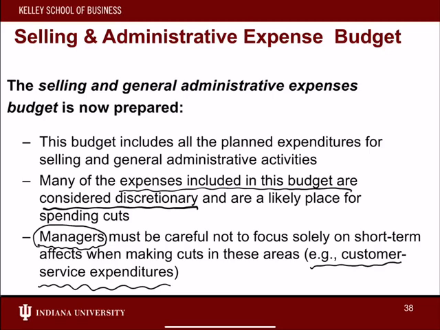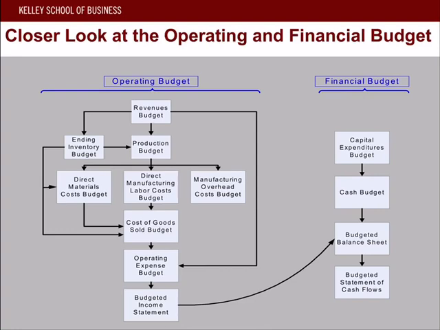So you usually start with last year's and you make adjustments. Remember that this is where a lot of the discretion lies. But you really want to make sure that if managers are making cuts or changes to this area of the budget, they're not doing it with a short-term focus. We want them to be really focused on the long-term implications. So that's the SG&A budget.